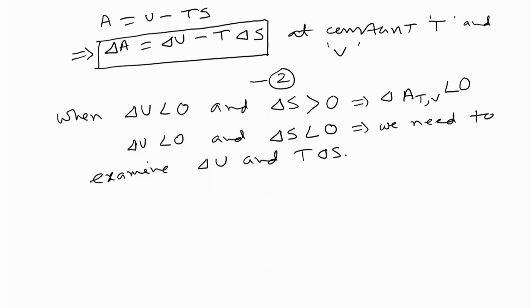So, when delta U is negative and delta S is also negative, we need to consider both the quantities.